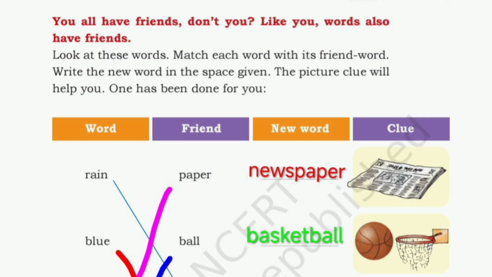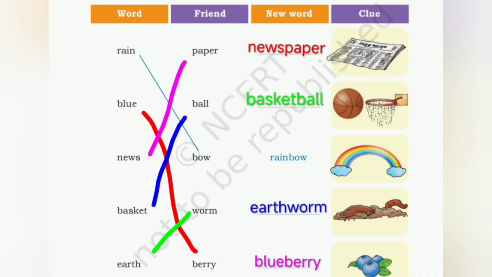So let us solve this exercise. In the first column the words given are: rain, blue, news, basket and earth. And the friend words are paper, ball, bow, worm and berry. So we have to join these: rain, bow; blue, berry; news, paper; basket, ball; and earth, worm.